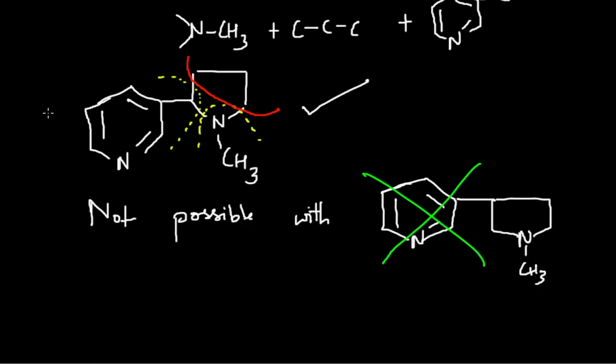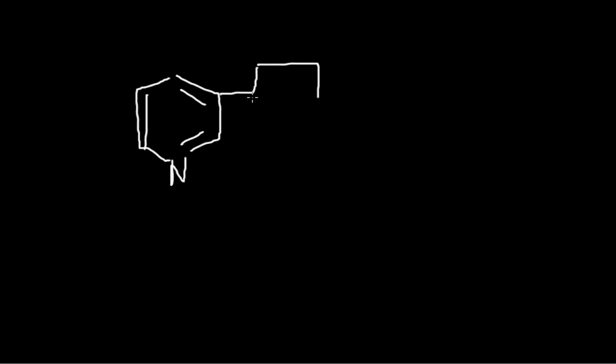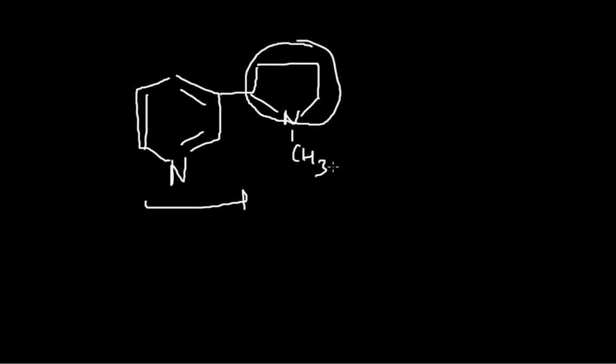So this is your final structure for nicotine. Let me do it here one final time. You see, everything is accounted for. There is a pyridine ring, there is a pyrrolidine ring, then there is an N-methyl group, then the oxidation with KMnO4 gave you 3-carboxypyridine, nicotinic acid, which means the side chain is attached at the third position.